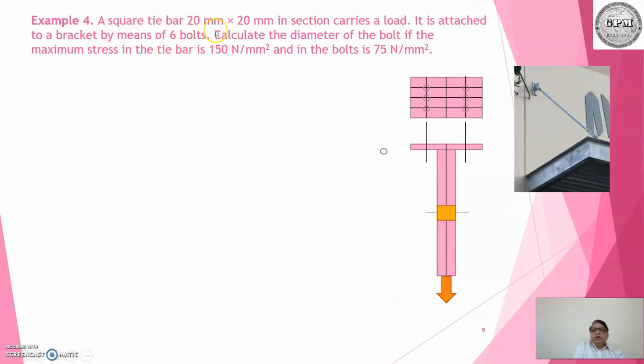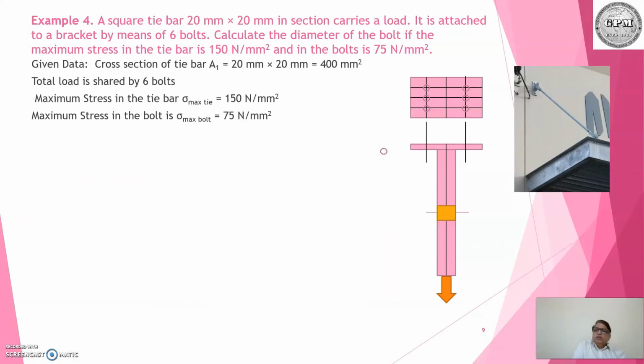So a square tie bar of 20 mm section carries a load. What is the load of that? The bracket has 6 bolts. Calculate the diameter of the bolt, if the maximum stress in the tie bar is 150 Newton per mm square and in the bolt is 75. So you just write down the given data. Then go for the cross-sectional area of the tie bar.